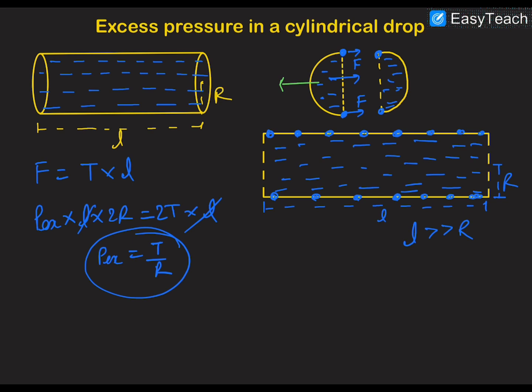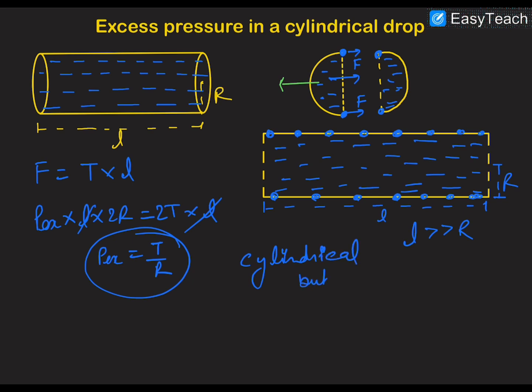Now, in case of a cylindrical bubble, we are just naming it a cylindrical bubble, which actually does not exist. But in any numerical, if the layer of the liquid film is in cylindrical form and it has air on both sides, then we can call it a cylindrical bubble.